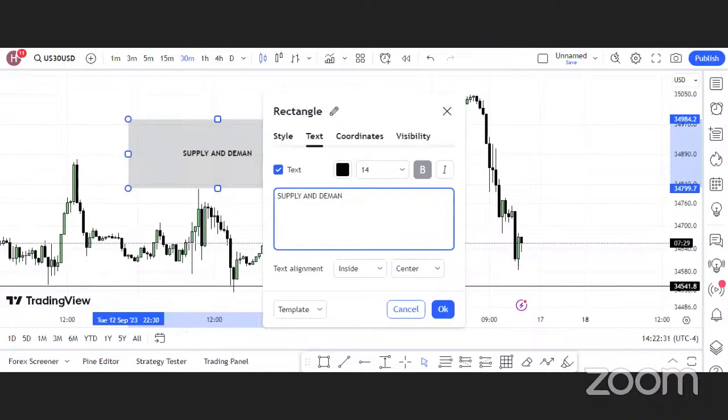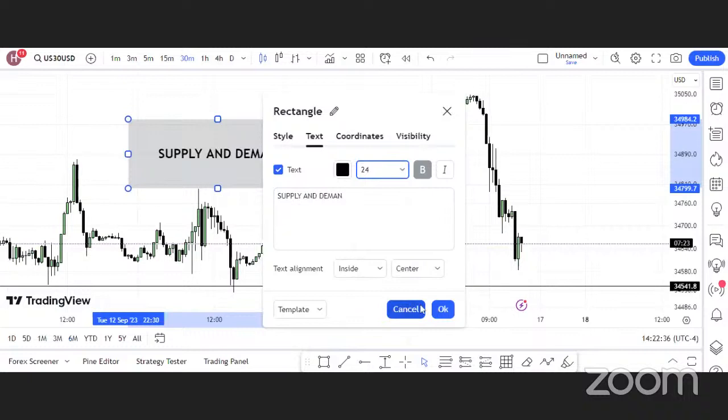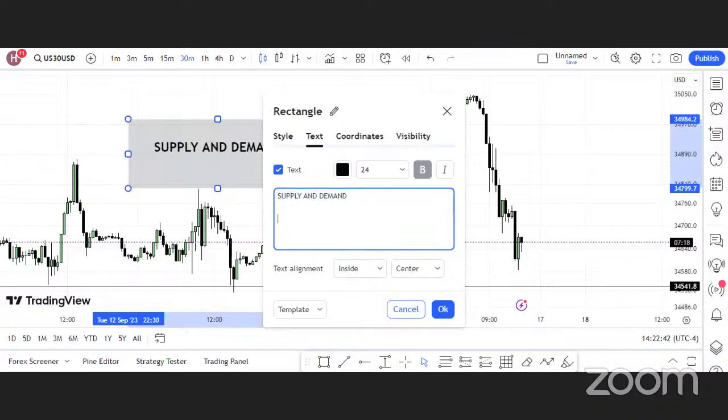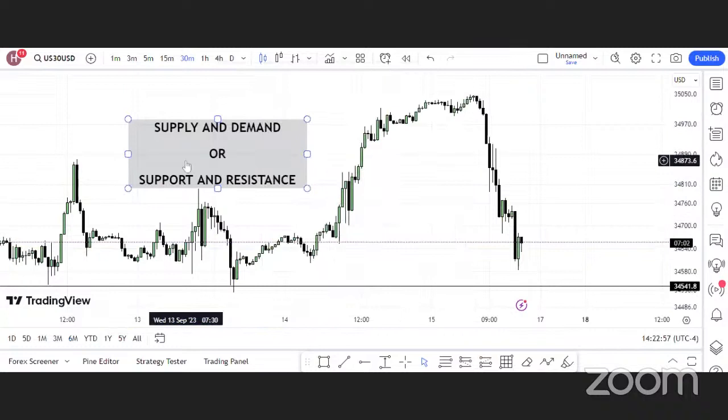Supply and demand, or support and resistance. So when I say supply and demand, it also means support and resistance. Supply means resistance, while demand means support.